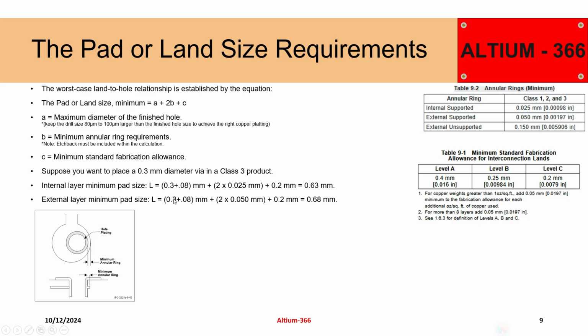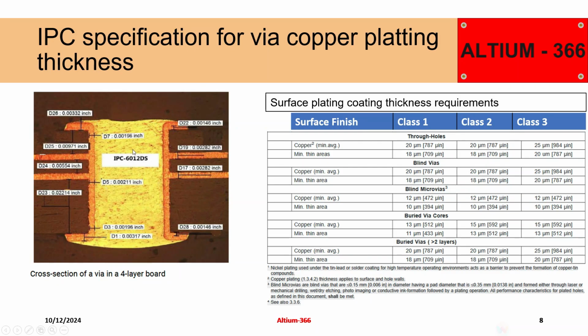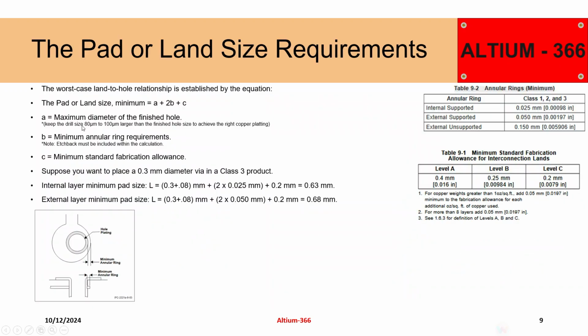So 0.3 is basically the diameter we need of the via. Then 0.3 plus I took 80 micrometer for the drill size, which you need for the plating, basically this side and this side, the plating for the vias. Here, I'm not taking the drill size of the drill bit, but the diameter of the hole I need on the PCB.